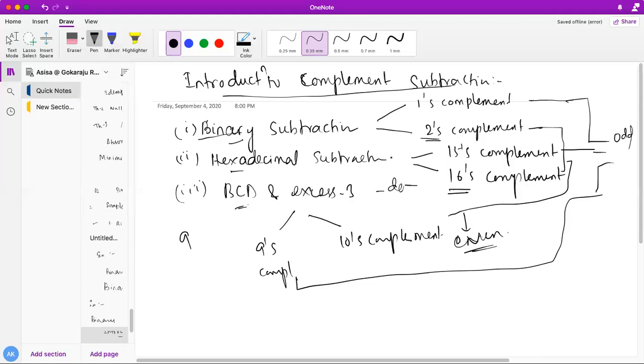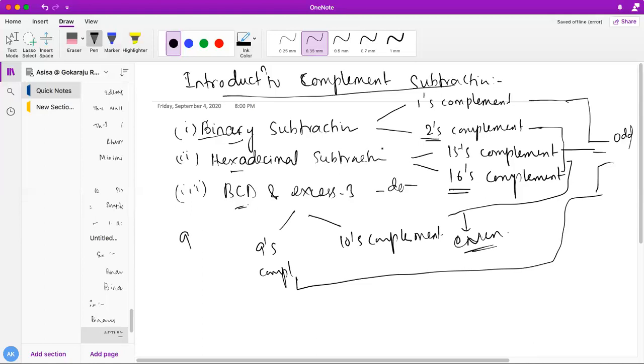To perform subtraction there are 2 different ways: one is even complement technique, another one is odd complement technique. So out of 6 subtraction processes, 3 are odd complement subtraction processes and remaining 3 are even complement subtraction processes.